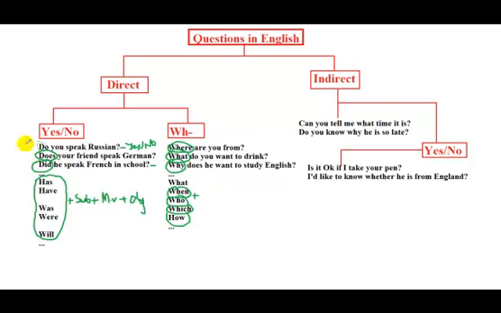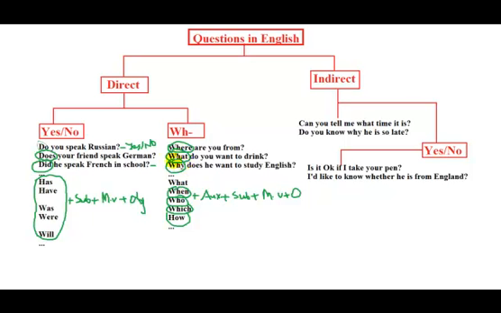So these are WH words when we talk about explanatory questions, and we use the same structure from these yes/no questions, but we put the WH word in front. For example, WH word plus auxiliary verb plus subject plus main verb plus object. For example, what do you want to drink?